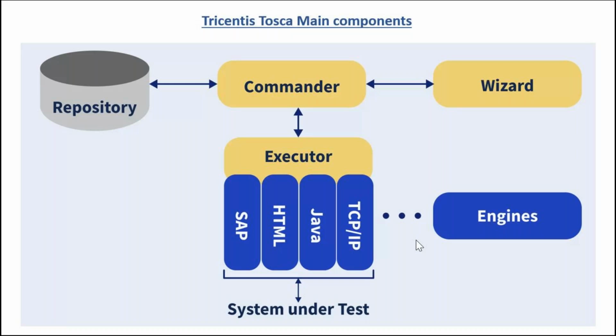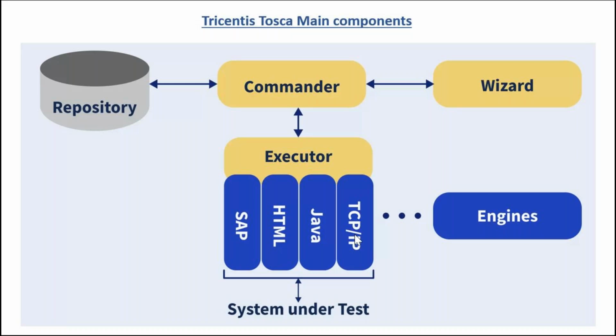Yeah, thank you. So executor is the main, you can say, the core, where all the engines reside. When I say engines, basically the controller or the actual code which will support that technology. So you can see it mentions SAP, HTML, Java, TCP/IP.